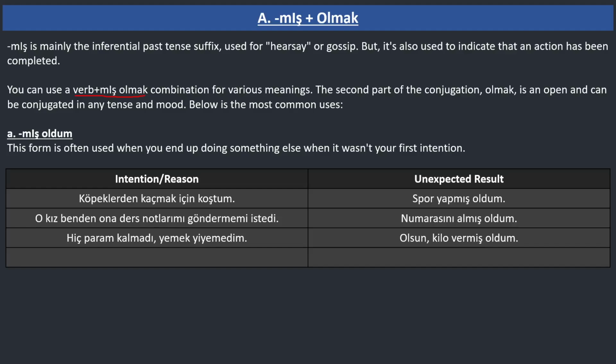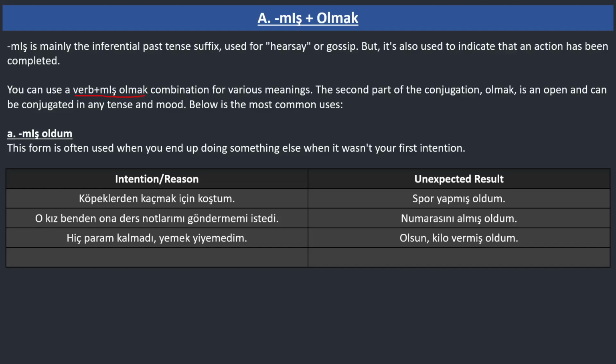Exactly. Vermek is to give, but in Turkish we give kilo. We give it away. We don't say lose. I mean, we could say lose as in kaybetmek, but I just explained the implication behind it. But mainly, casually, it's vermek to give and almak to take.